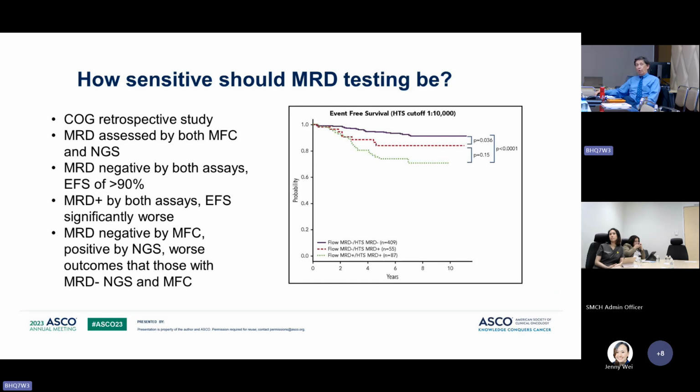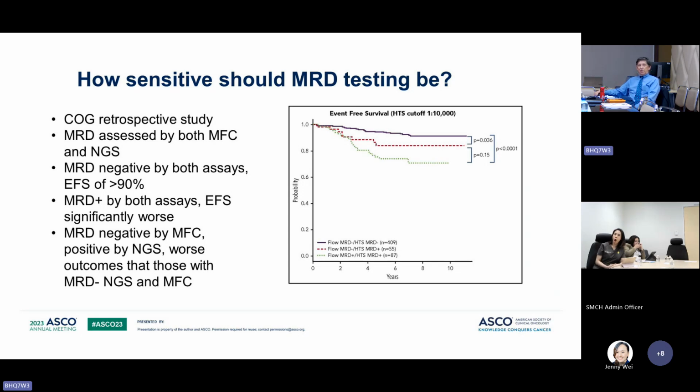If you're negative in both assays, your event-free survival is going to be greater than 90%, and the disease is not going to come back. But if you're MRD positive in both assays, your event-free survival is going to be much worse, even though you've completed your 18 months or 2 years of therapy.